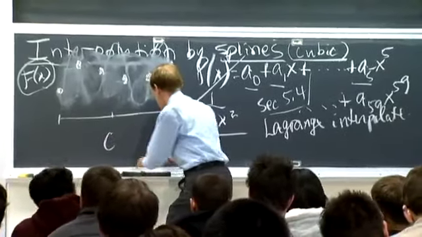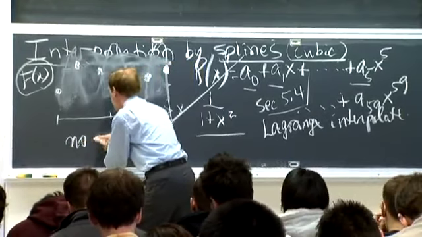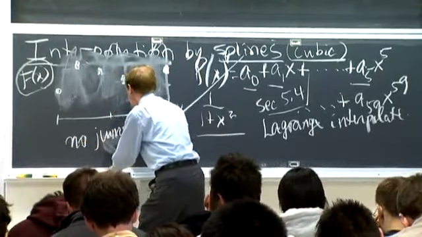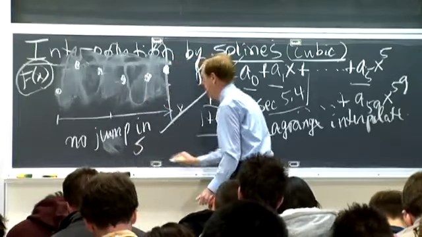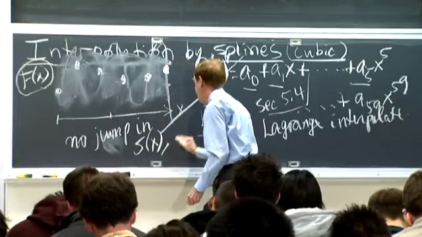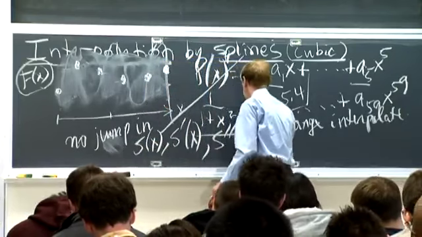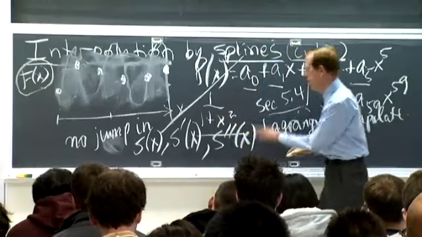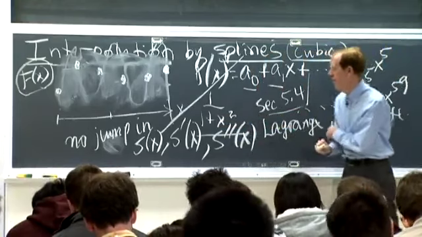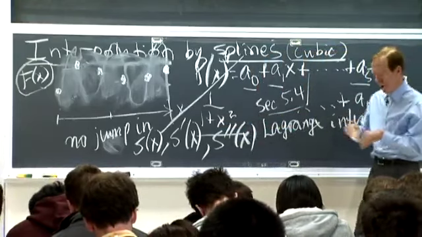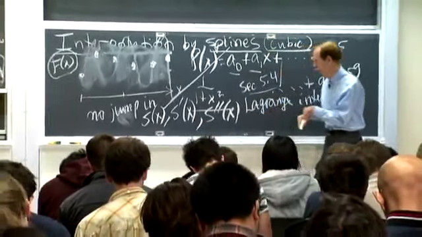So the difference is splines have no jump in the function. I'll use S maybe for spline. No jump in its slope, and no jump in the second derivative. So that's the difference, that for the spline functions, the only jumps you see are jumps in the third derivative.